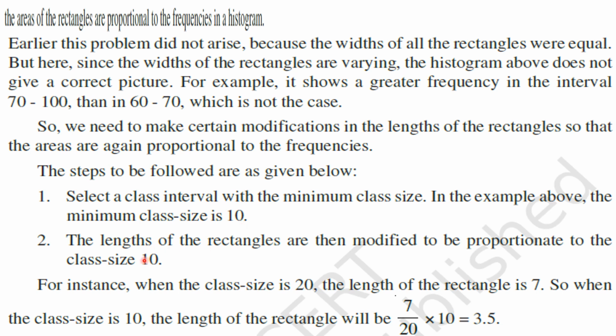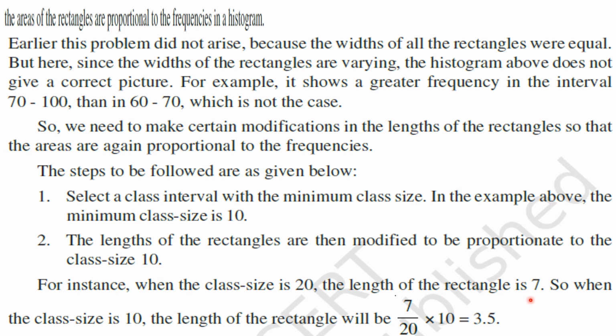The second step: the lengths of the rectangles are then modified to be proportionate to the class size 10. For instance, suppose the class size is 20 and the length of the rectangle, that is the frequency of that particular class, is 7.